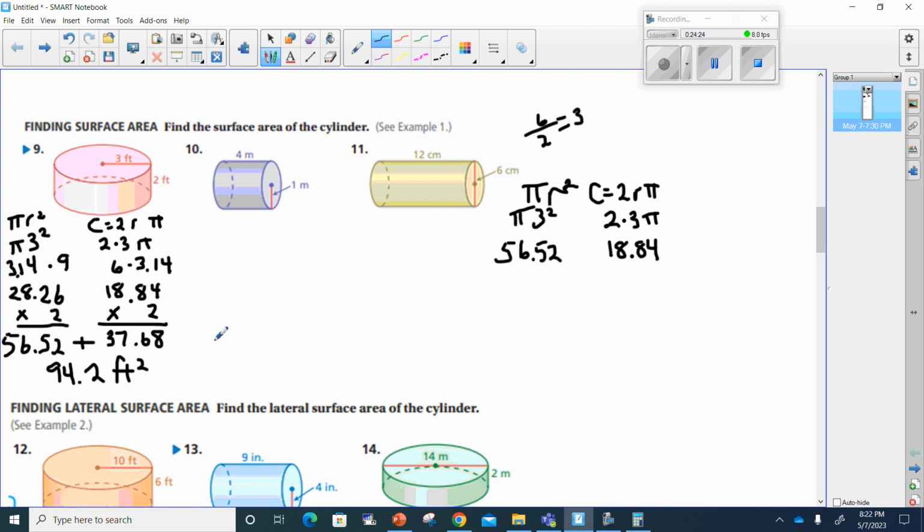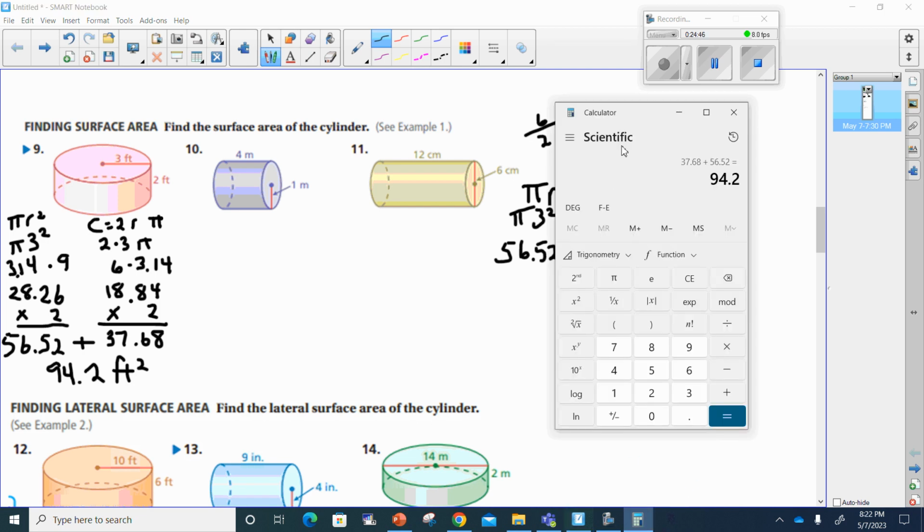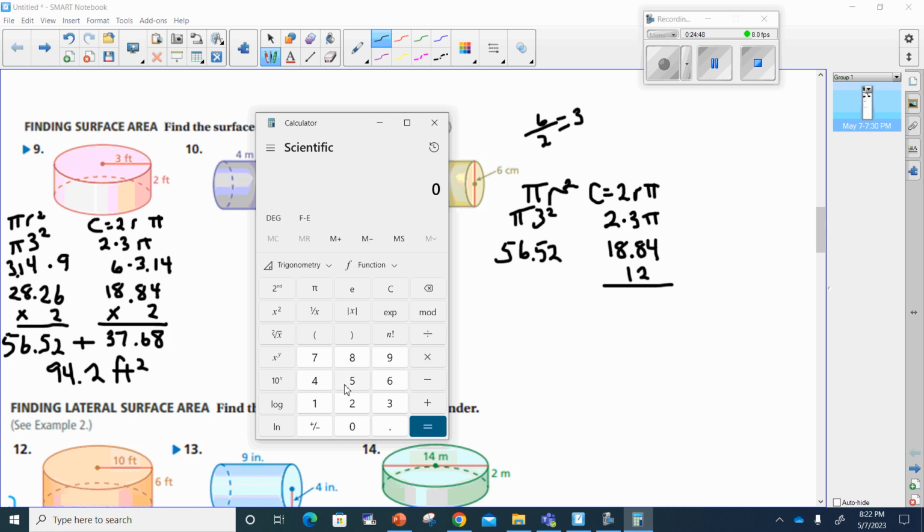Now, some might say, Mr. Meadows, I thought it was 37.68. But remember, we multiply this length times this width. That's where this 2 came from. That wasn't part of this formula here. So we're going to have to take this new number and multiply it by 12 instead. All right, so we're going to take 18.84 and multiply it by 12.